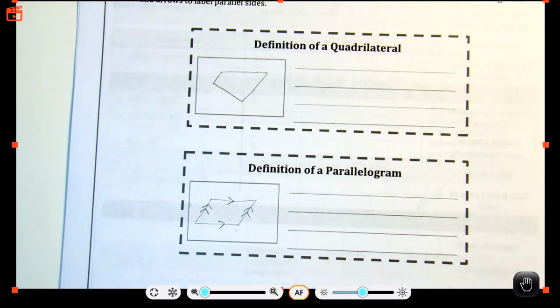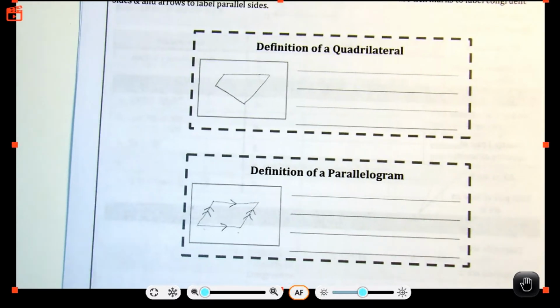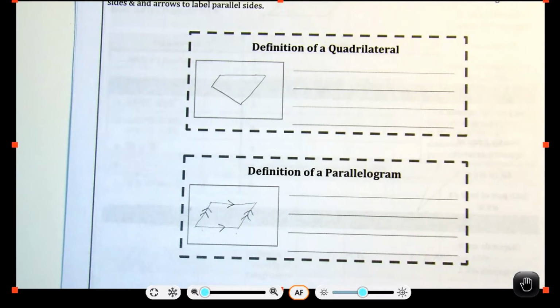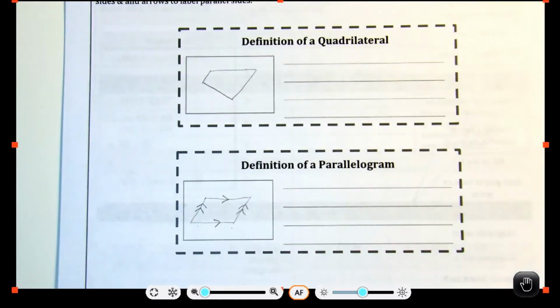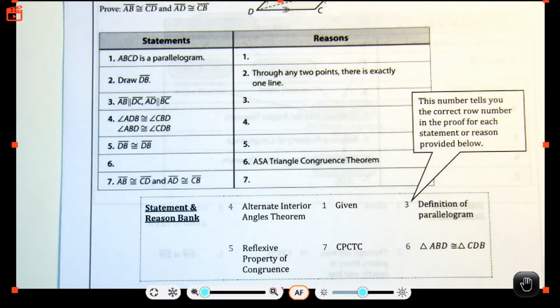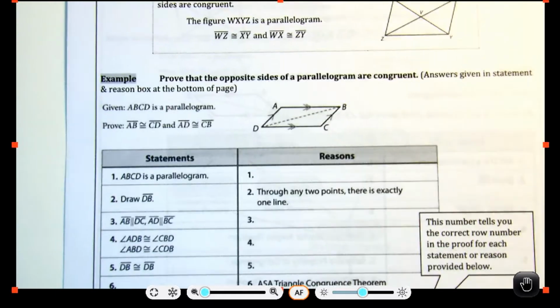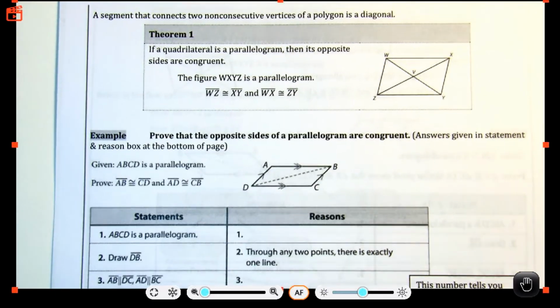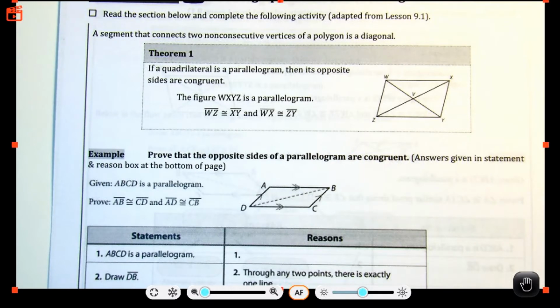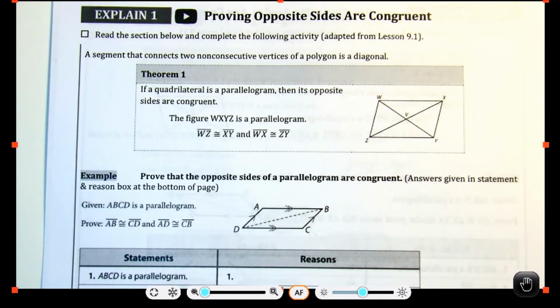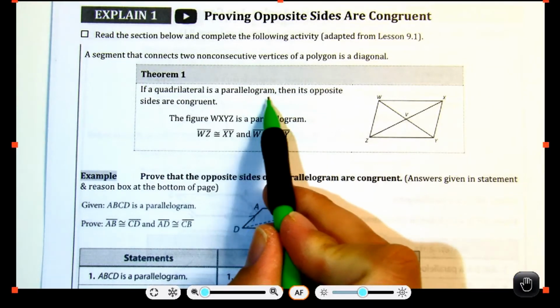Okay, and then let's actually start looking at some theorems about parallelograms. So this is on page 11. The first theorem of a parallelogram states that if a quadrilateral is a parallelogram, then its opposite sides are congruent.